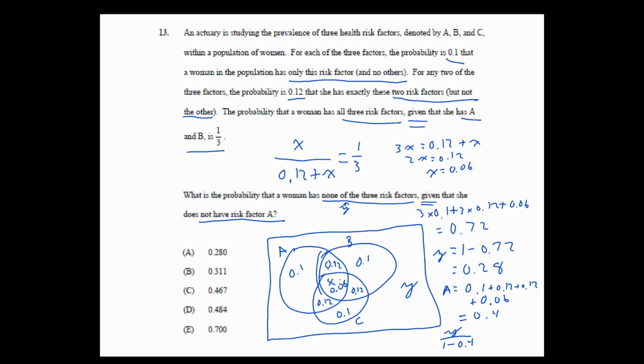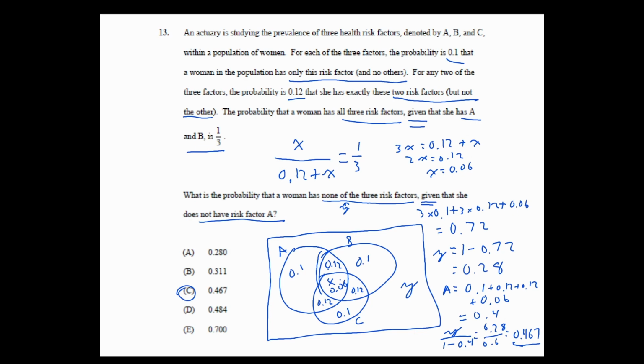So there's no possibility of having the risk factor A. So this is going to be 0.28 divided by 0.6, which is equal to 0.467. Okay, and so that's going to be our answer, and it's going to be answer C.